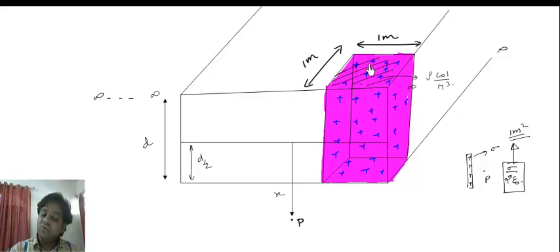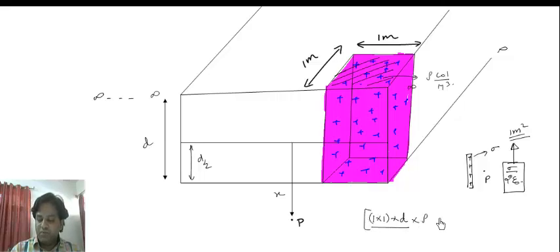Although the charge is within the complete volume of the cuboid, the front area of this cuboidal region is simply 1 meter square. So the charge will be the area of this cuboidal region, 1 into 1, that is 1 meter square, into the depth or the height of this cuboidal region, d, into rho.